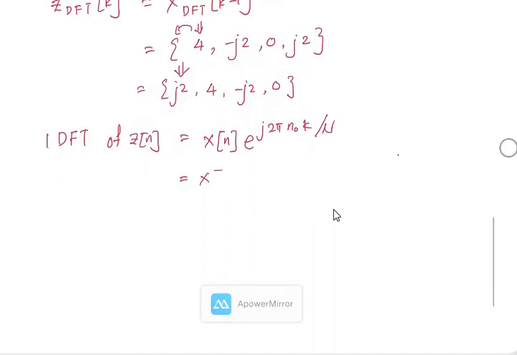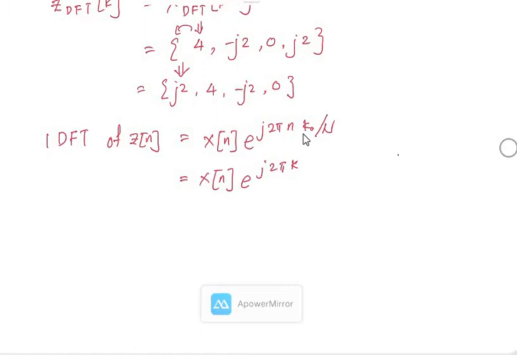So this is x[n], you substitute x[n] as exponent j 2 pi k. n will start from 0, 1, 2 and 3.